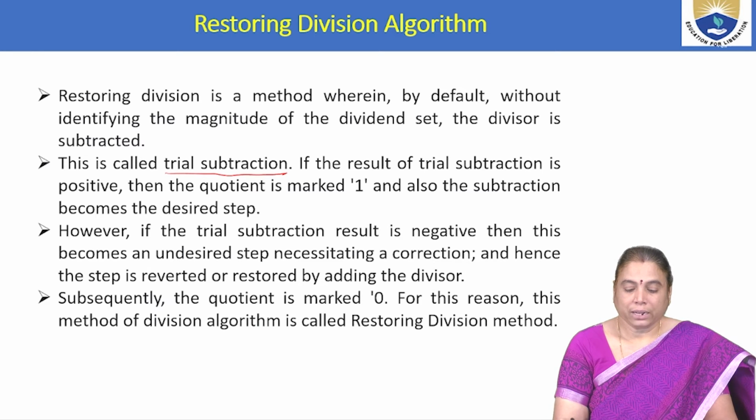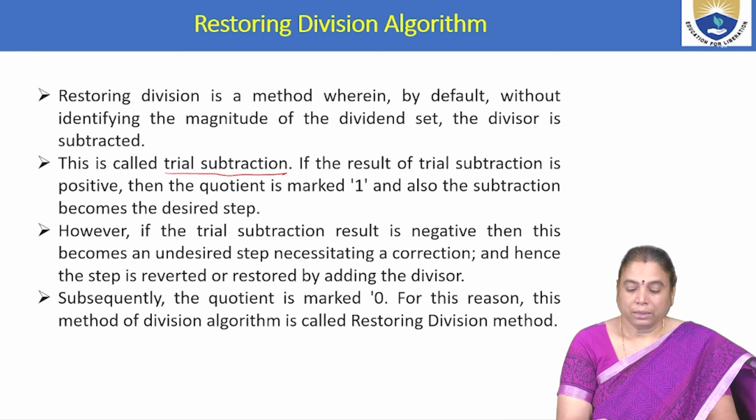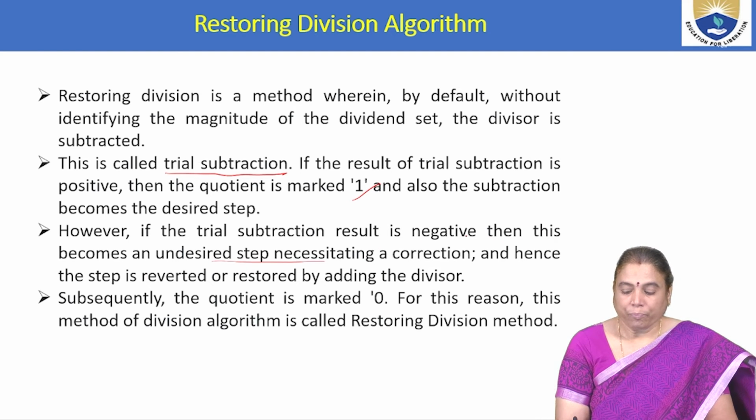If the result of trial subtraction is positive, then the quotient is marked as 1 and the subtraction becomes the desired step. However, if the trial subtraction result is negative, then this becomes an undesired step.